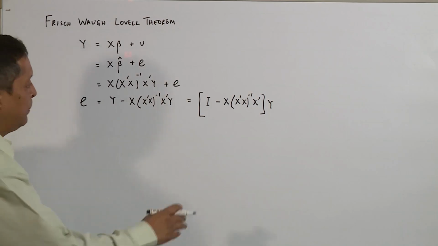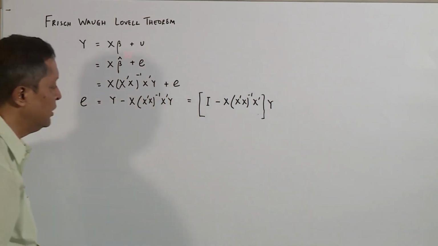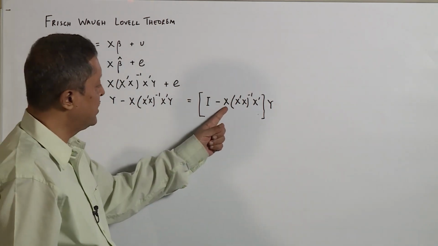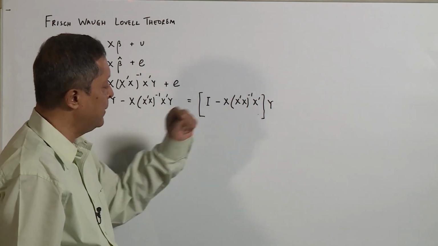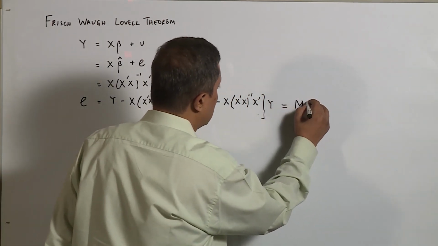So, that is apparently a formidable expression, but it is very simple. So, you take y common, so that you have I minus X (X prime X) inverse X prime, times y, and that we denote as M times y.